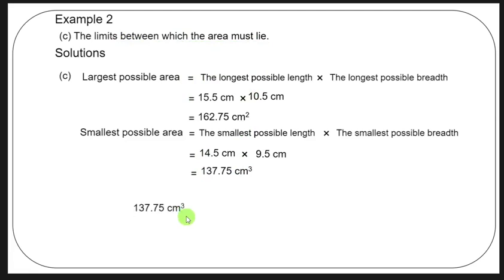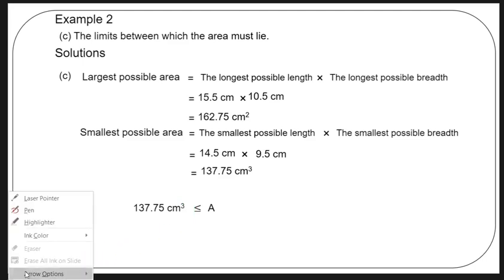Since the question is saying the limits between which the area must lie, we can report it in this way. We can say 137.75, the lowest area, is less than or equal to the area. I have to put the square here, not what is there.